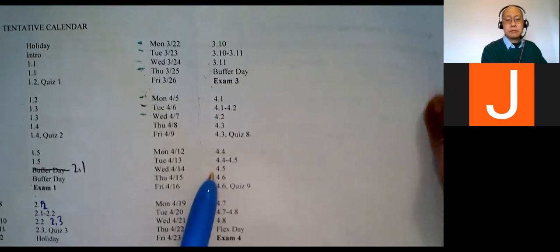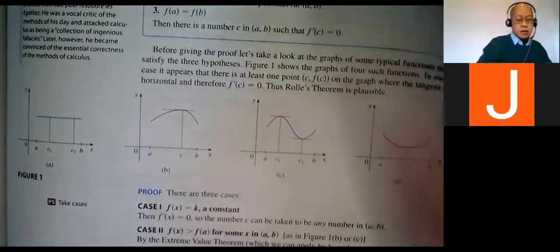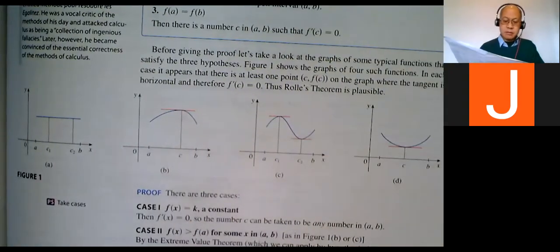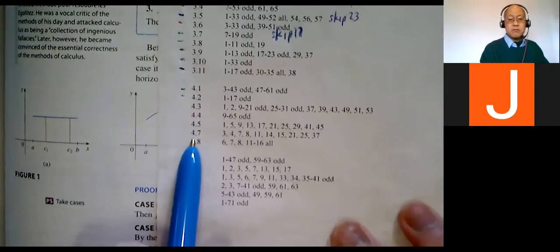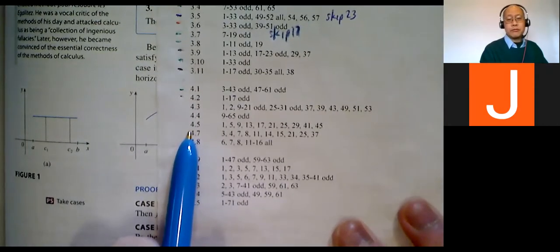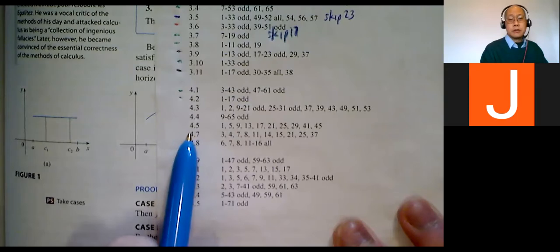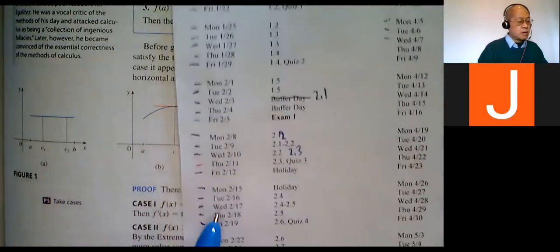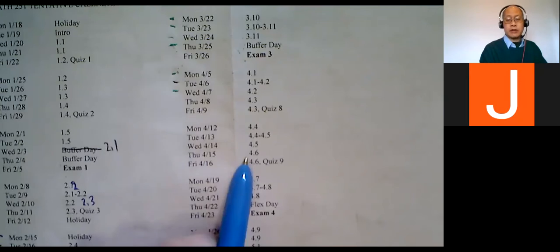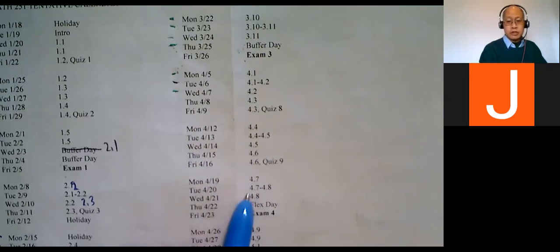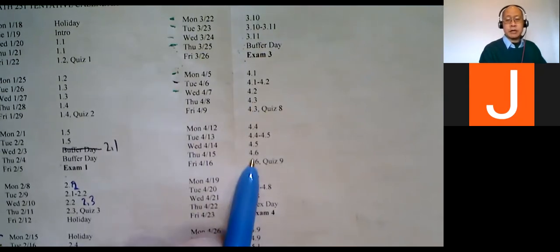And by the way, I made a mistake. We're not scheduled to do any 4.6. On the calendar, I included a 4.6, but we don't have to do it, which means I very likely will push things up.